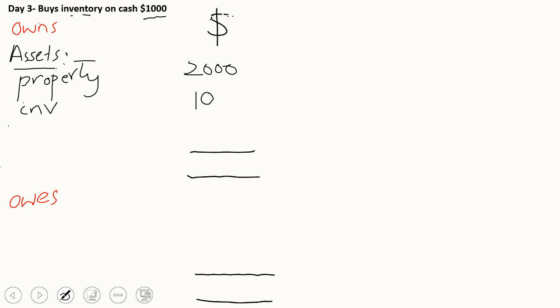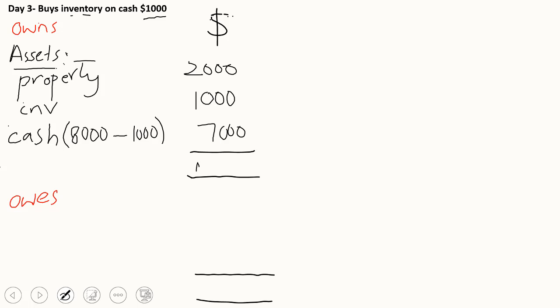So $1,000. And cash, how much was it? 8,000. And is there any effect on cash? Yes, because inventory was bought on cash, not on credit. So 8,000 minus 1,000 makes it 7,000.